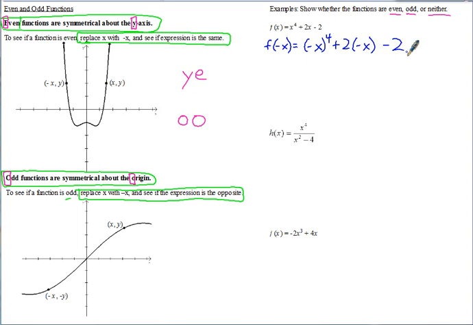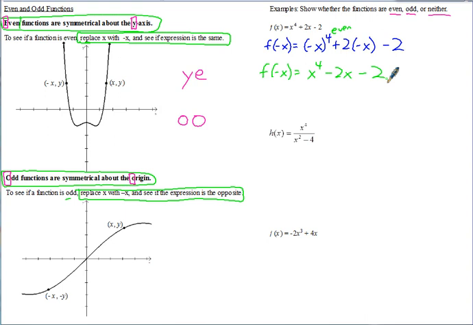And then simplify it to see if it's the same or the opposite or neither. Okay, so let's see. Negative x to the fourth, well, that's an even exponent, right? So negative 1 to an even exponent becomes positive, so that just makes it positive x to the fourth. 2 times negative x is negative 2x, minus 2.